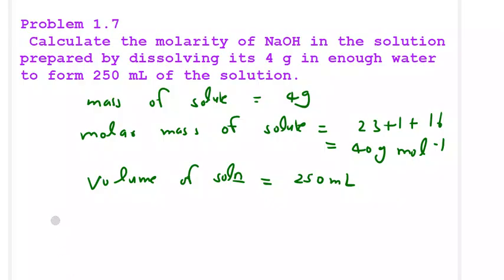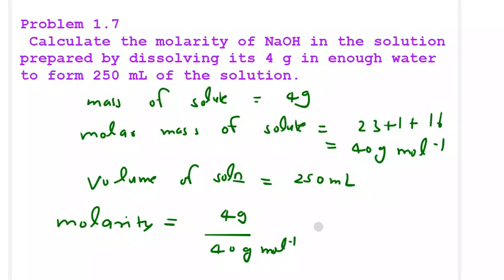Molarity equal to number of moles of the solute present in 1 liter of the solution. Moles equal to 4 gram upon 40 gram per mole, multiplied by 1000 upon volume of solution in milliliter, 250.